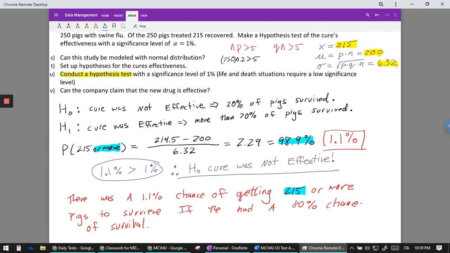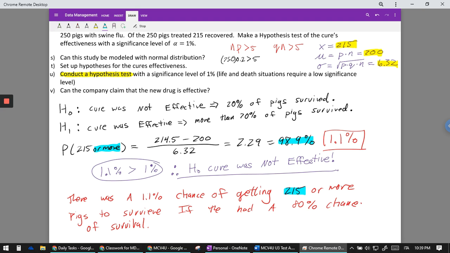So basically, what we're saying is that 80% chance of survival is in play.